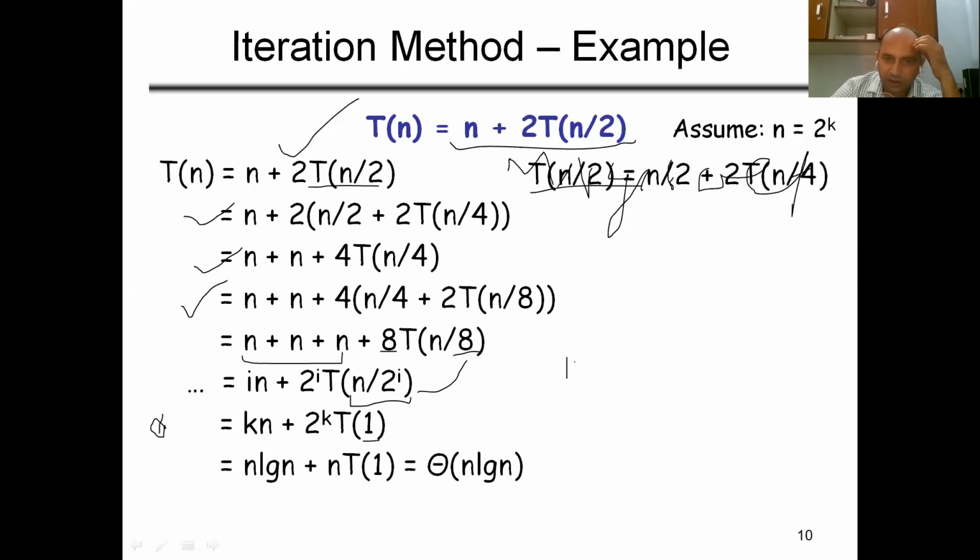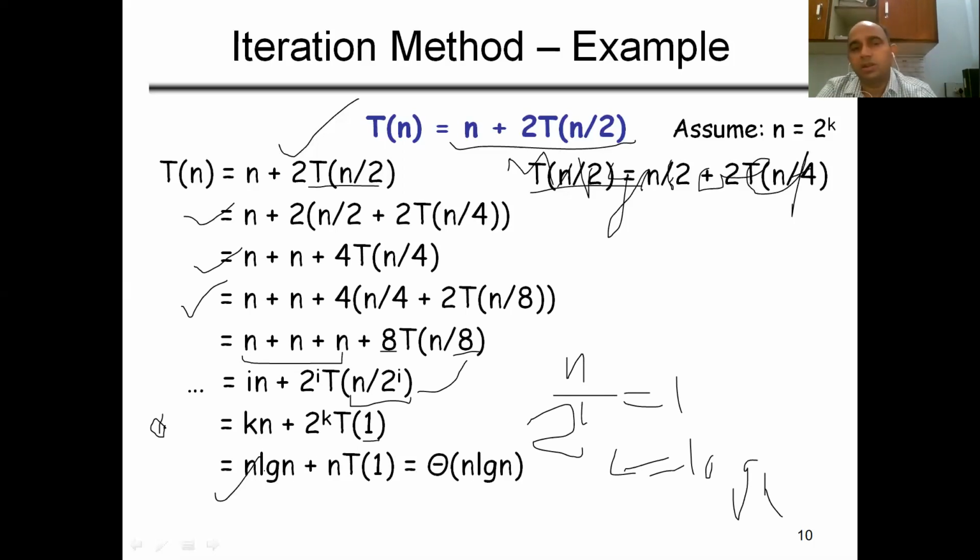For example, if n upon 2 to the power i becomes 1, then I can write i equals log n. So finally this equation becomes this, and I can write this final equation. So this method is over. In the next video we will understand the next method.